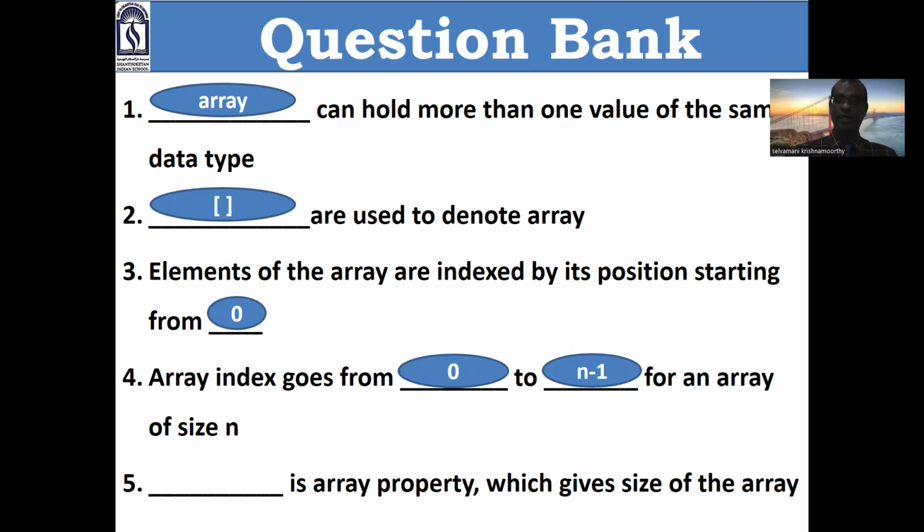If you are having one array with size n, array index starts from 0 to n minus 1. That you must understand. Last one. Dash is an array property which gives the size of the array or number of elements in the array. Which one is correct? Good. Length is an array property which gives the size of the array.